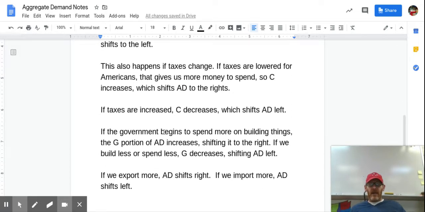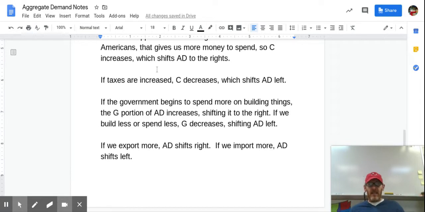Same thing if the government spends more on goods and services, right? If the government spends more on goods and services and builds buildings and stuff, then that would increase the G portion of AD, which would shift AD to the right. Or if they spent less, it would shift to the left. Same thing with, for example, exports. If we exported more, that pushes the X portion of GDP up. So we export more, AD goes up. If we import more, AD goes down.